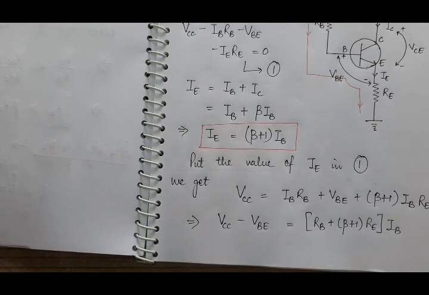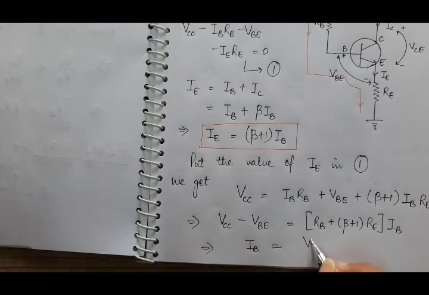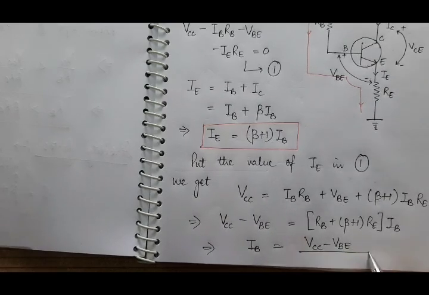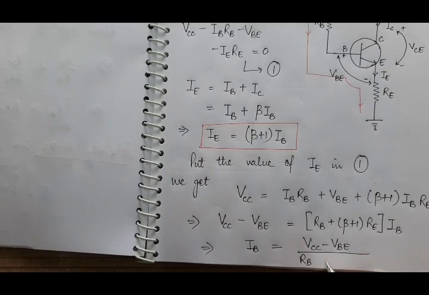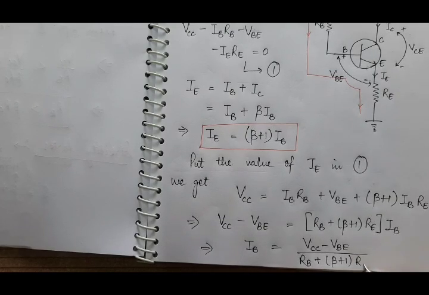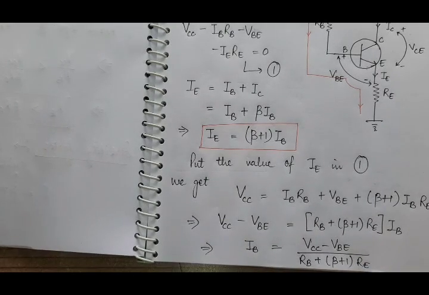So to find the value of IB, move this term to this side. So we have base current IB equal to VCC minus VBE upon RB plus beta plus 1 RE.